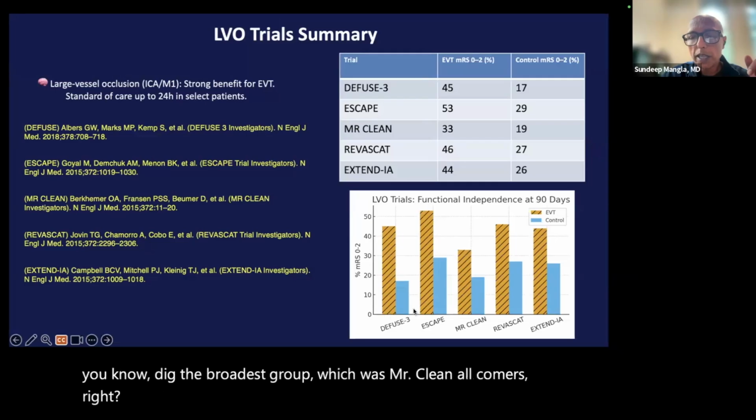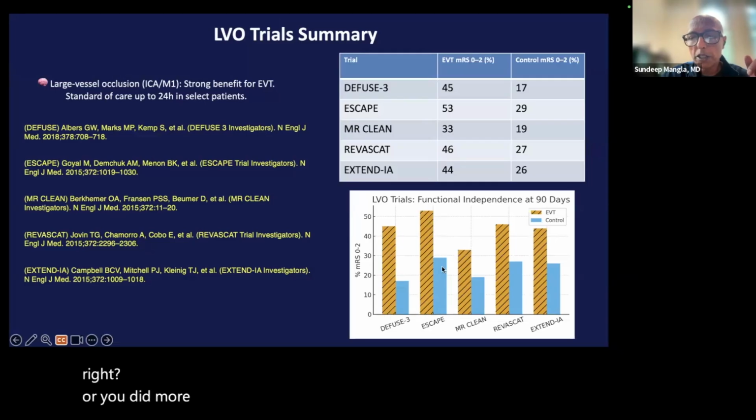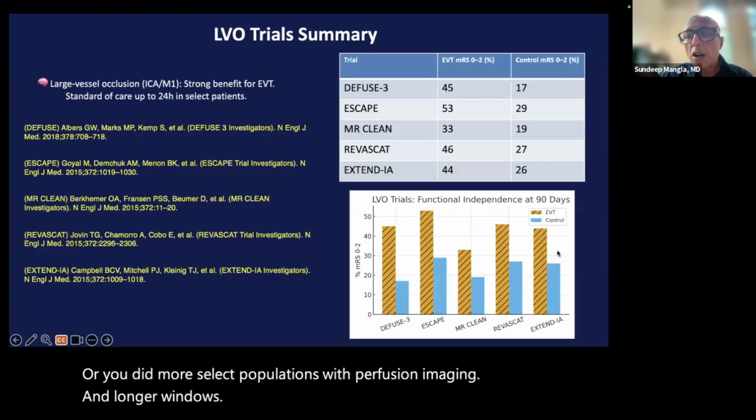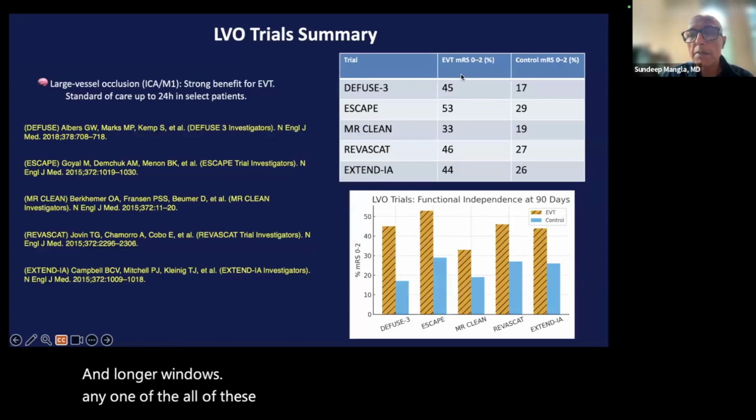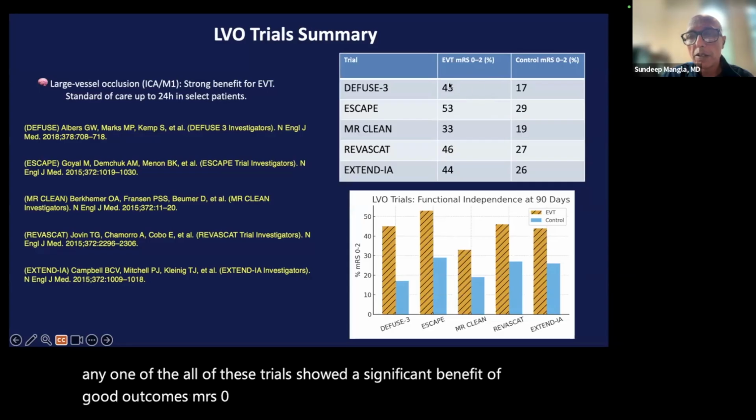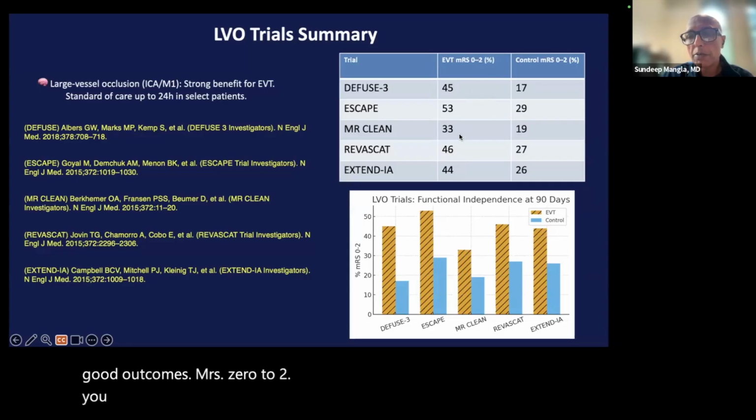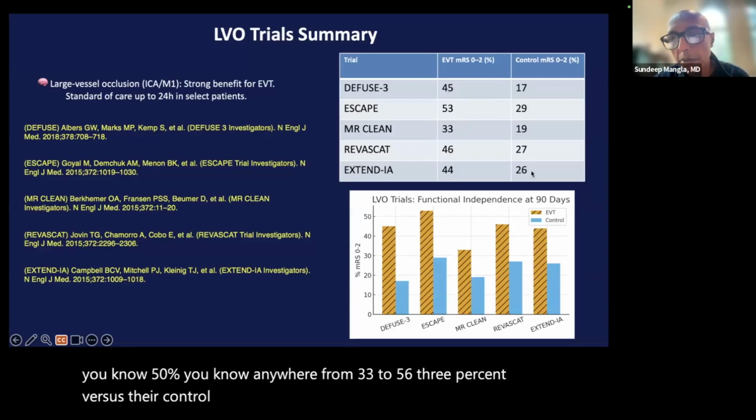Or more select populations with perfusion imaging and longer windows, all of these trials showed a significant benefit of good outcomes, mRS 0 to 2, anywhere from 33 to 56% versus their control groups, where you did not intervene on patients.